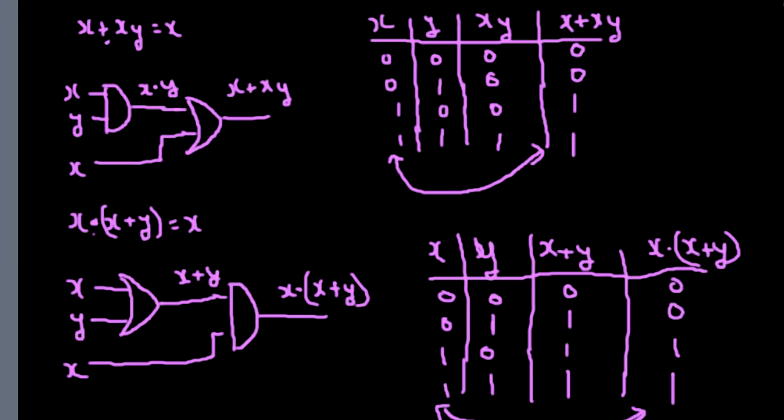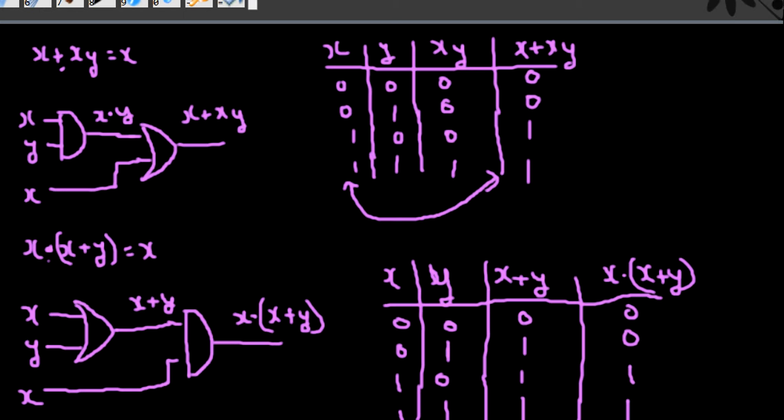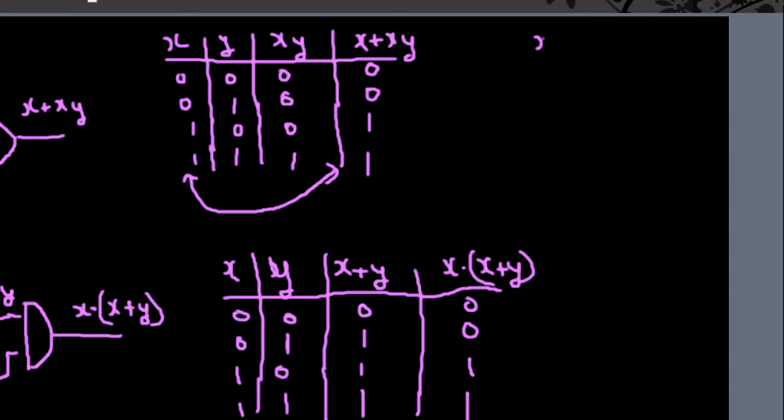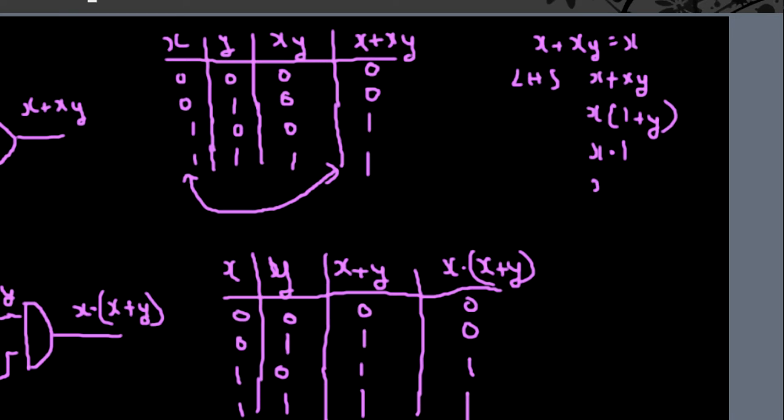But before ending this video, you can even prove this absorption law algebraically. Let's prove the first one. x plus xy is equal to x. In the LHS we have x plus xy, but if you take x common, you'll get x times 1 plus y, and x multiplied with 1 is always equal to x.